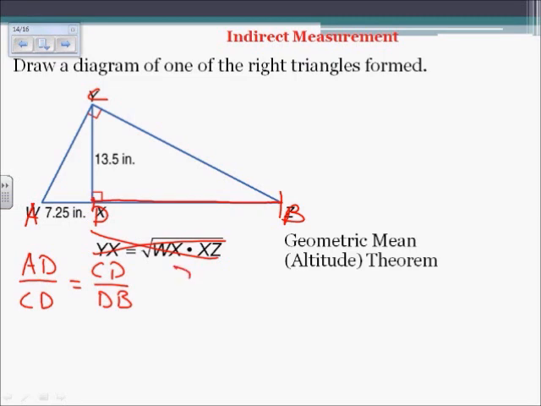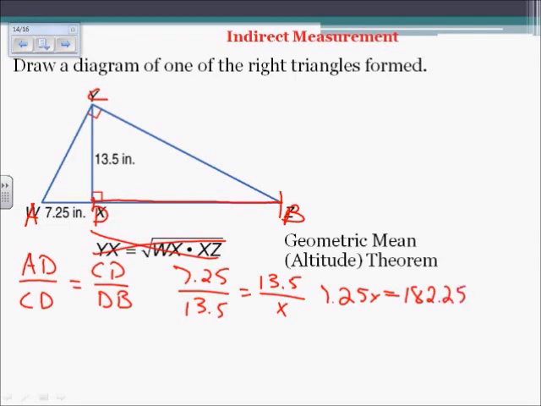We have 7.25 over 13.5 equal to 13.5 over our variable, or the value we're trying to solve for, x. Cross multiplying here, we have 7.25x is equal to 13.5 squared, which is 182.25.